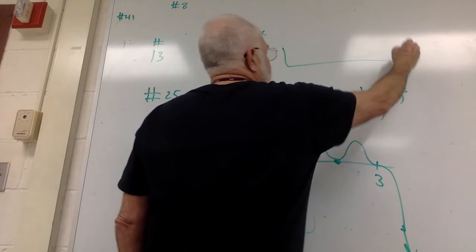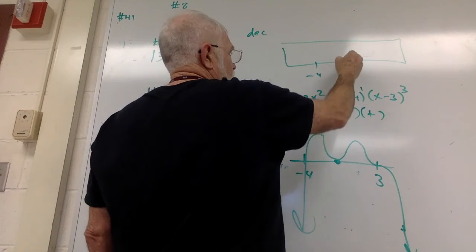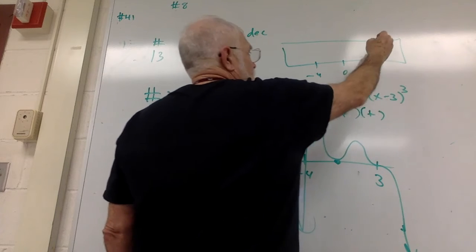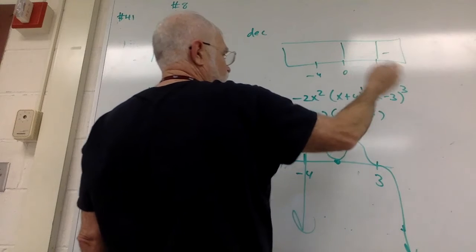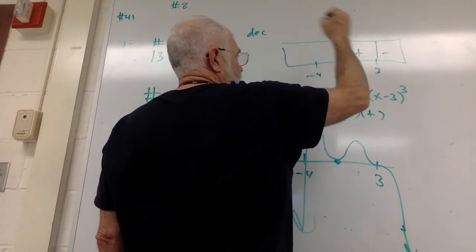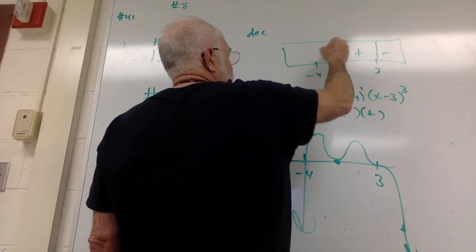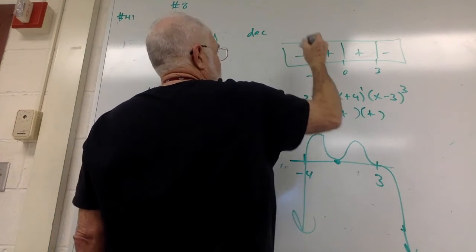Sign chart. We got 0, -4, 0, and 3. Those are the critical numbers. If I put a number bigger than 3 in, I get a negative. If I put a number between 0 and 3, I get a positive. Take your time with it. If you put a number between -4 and 0, you get a positive. And if you put a number less than -4 in, you get a negative.